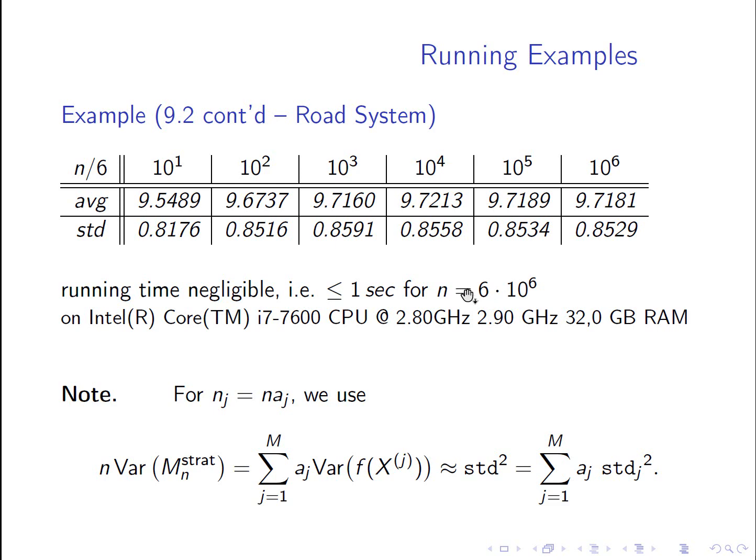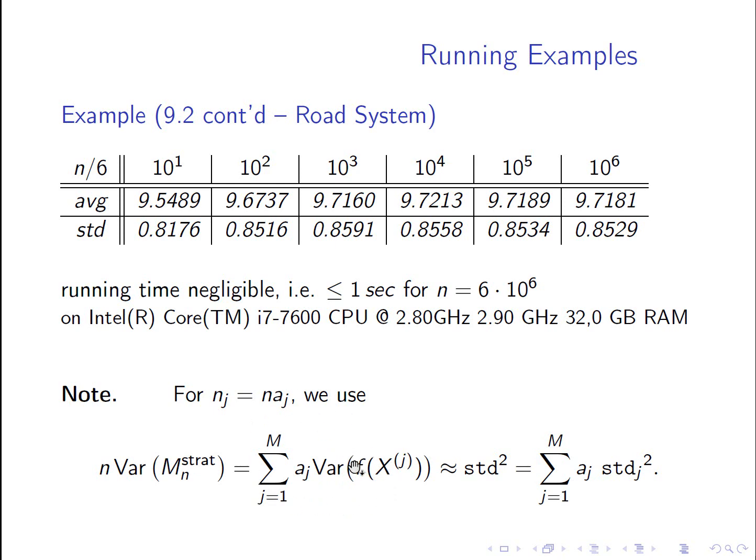Here the input is now 6 times 10 to the power 6, and all the other inputs are also multiples of 6. In this way, one can nicely distribute the number of repetitions to the strata without doing any rounding. Okay, and how did we get the standard deviation here? We are in the case where nj equals n times alpha j, and we have seen that n times the variance of the stratified estimator can be written in this way.